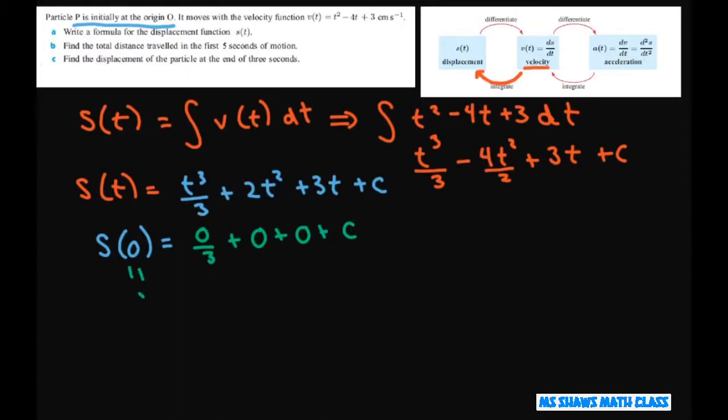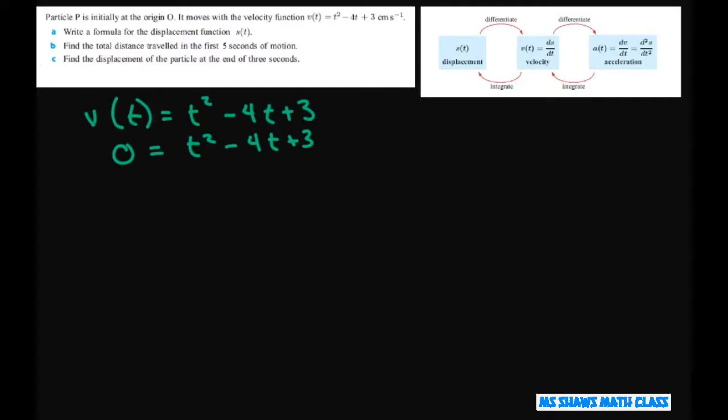Well, this equals 0, so 0 equals c. So basically, your final formula is just going to be t cubed divided by 3 minus 2t squared plus 3t.